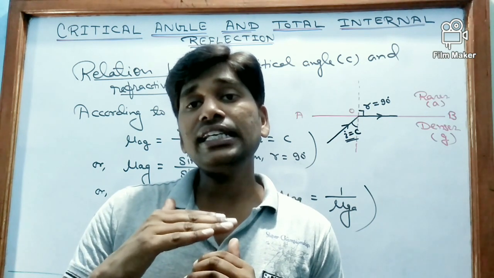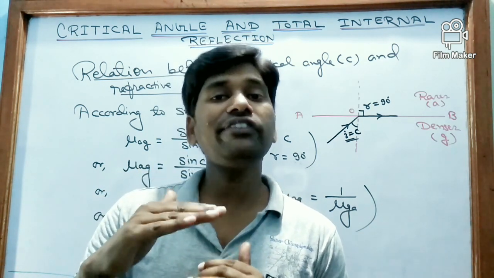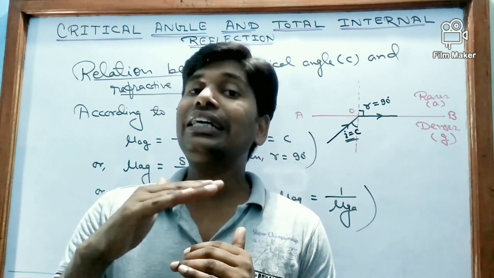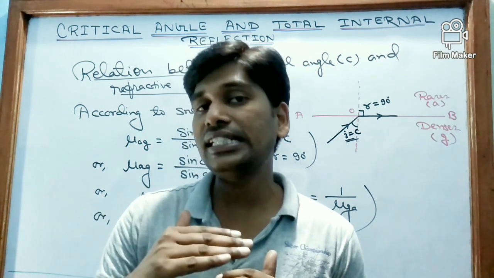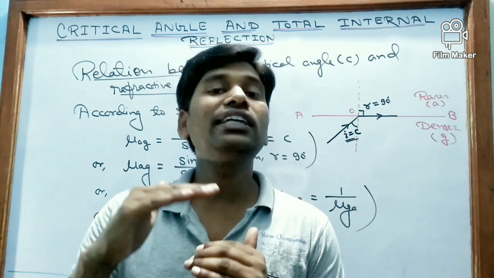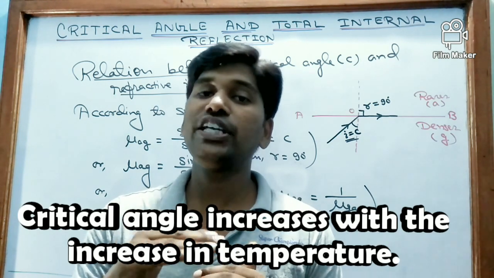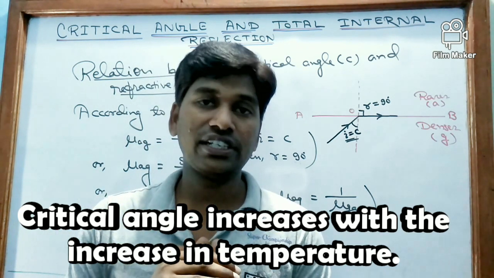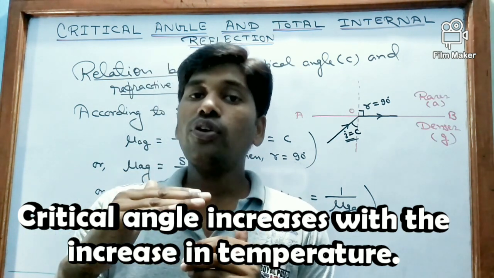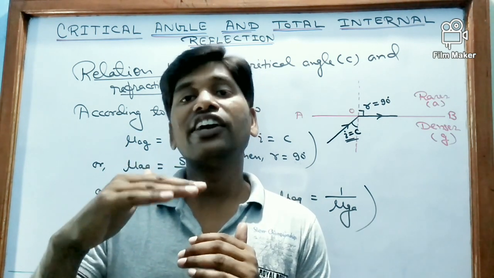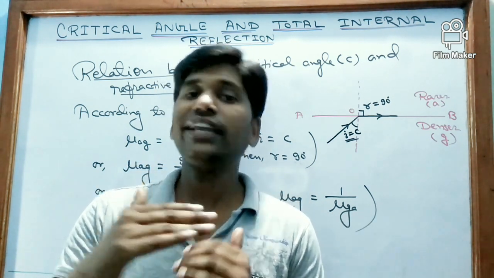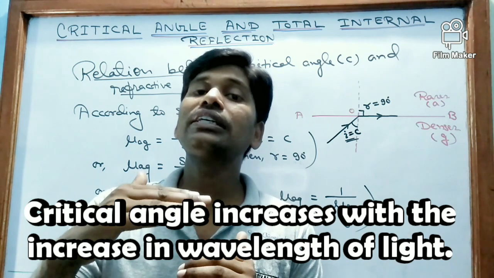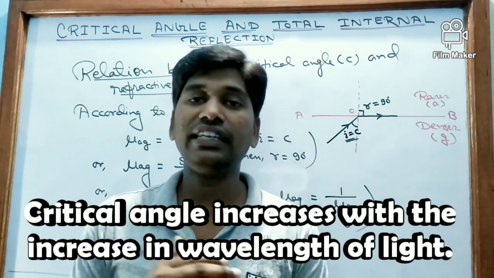As the temperature increases, the refractive index of the medium decreases. Therefore, the critical angle increases. So we can say directly, critical angle increases with increase in temperature of the medium. Second factor, wavelength or the color of light. As the wavelength increases, refractive index decreases. So again we can say critical angle increases with increase in the wavelength of light.